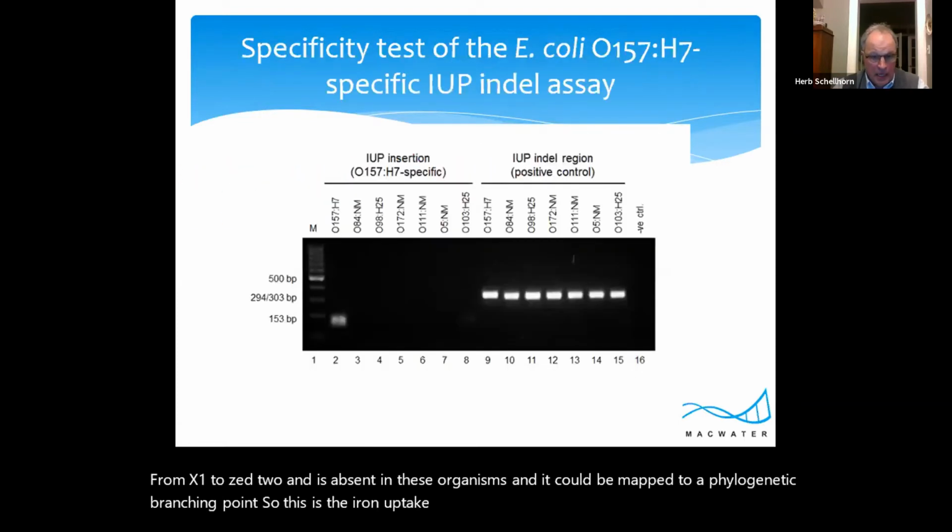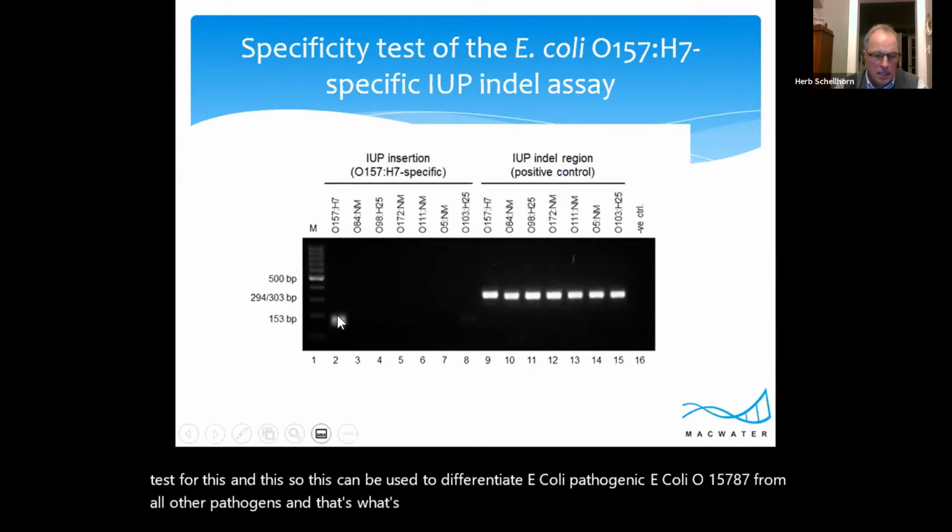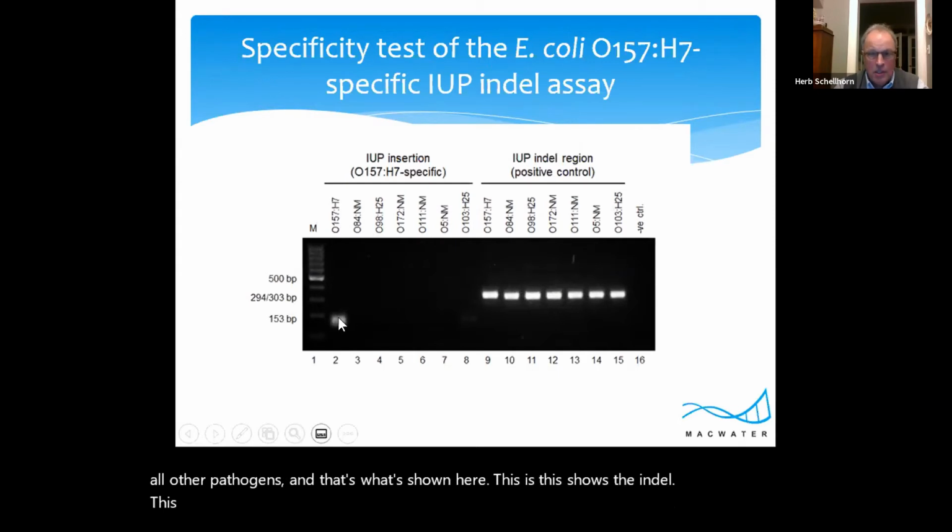So this is the iron uptake protein. A student in my lab developed a specific test for this, and it can be used to differentiate pathogenic E. coli O157:H7 from all other pathogens. That's what's shown here. This shows the indel, which is a specific insertion.